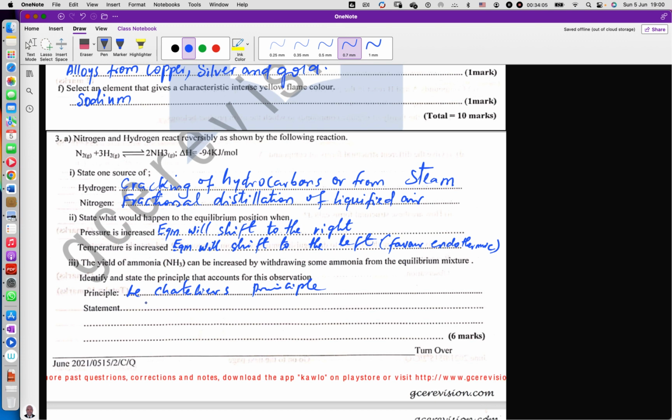Once more, let me state Le Chatelier's principle. If a system in equilibrium is subjected to a change, the system must react in such a way to oppose the change, thereby establishing a new equilibrium.